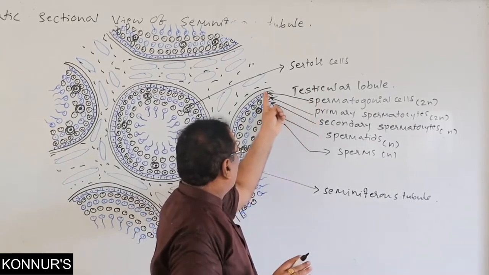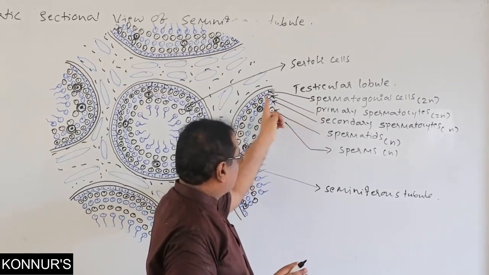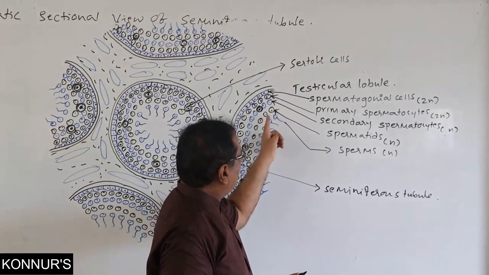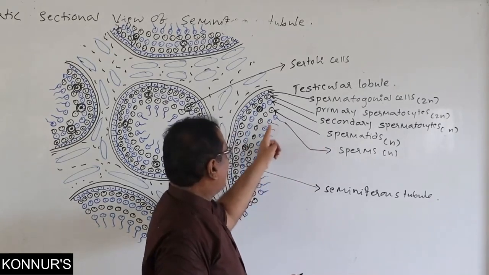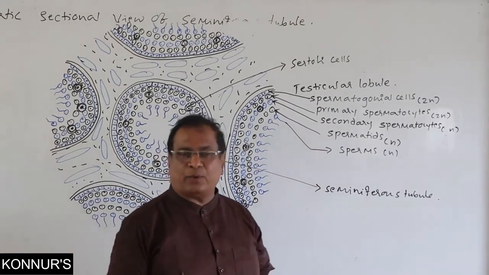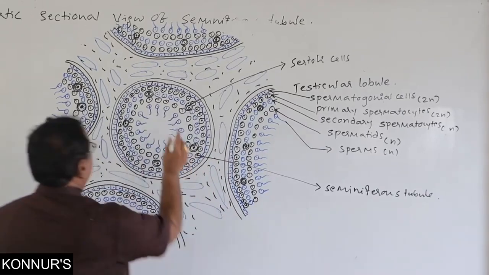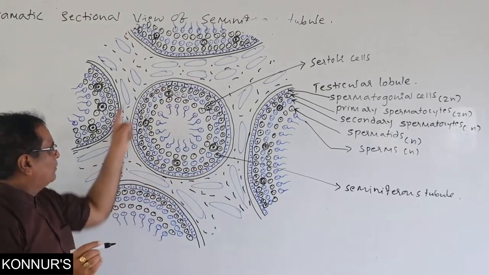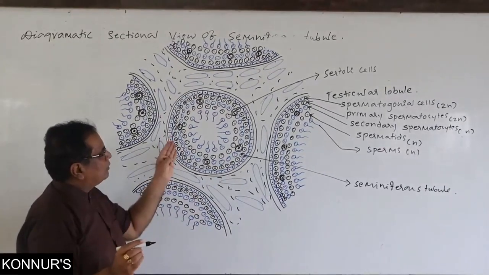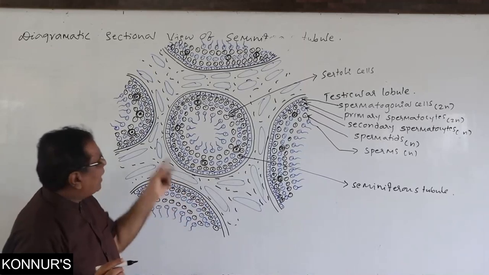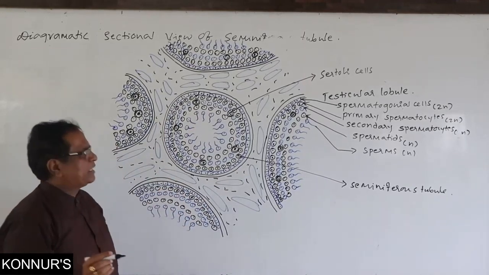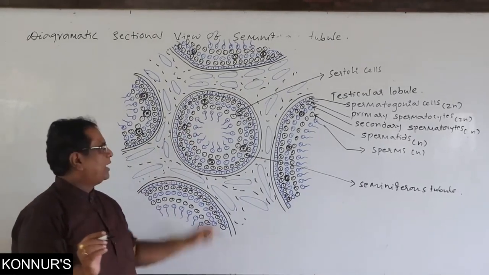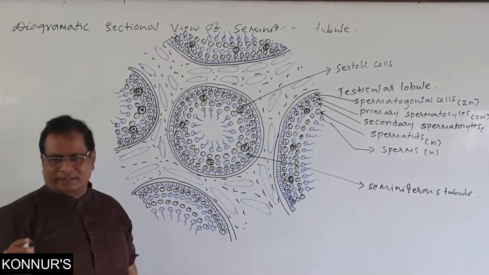From those spermatogonial cells, primary spermatocytes, secondary spermatocytes, spermatids, and finally sperms are produced. In all the seminiferous tubules, I have drawn those series of cells, from spermatogonial cells to sperms, and here and there Sertoli cells.